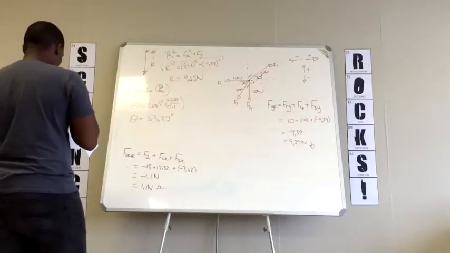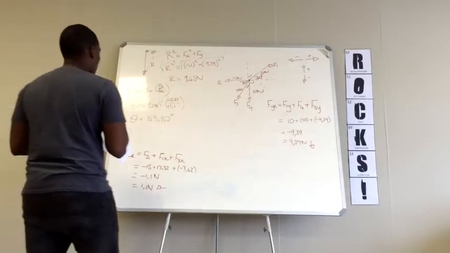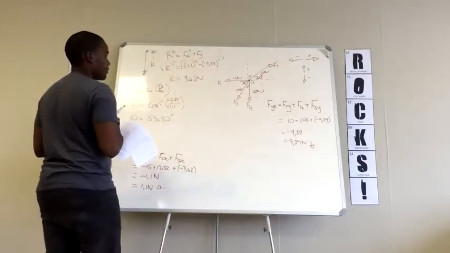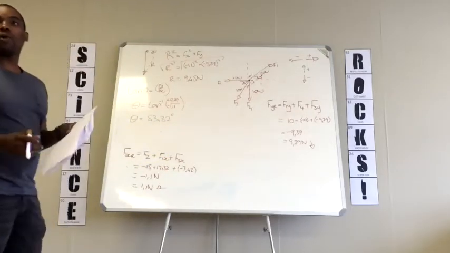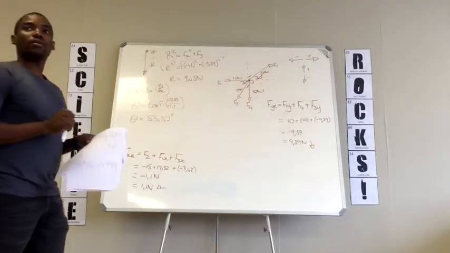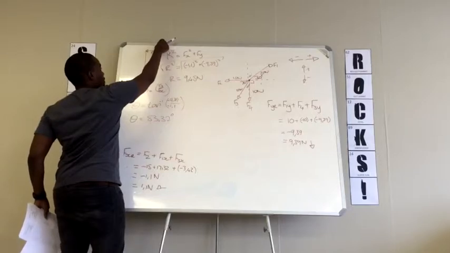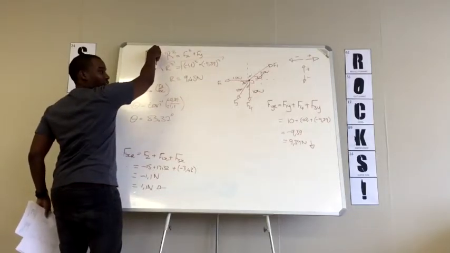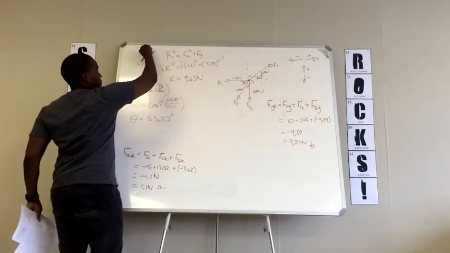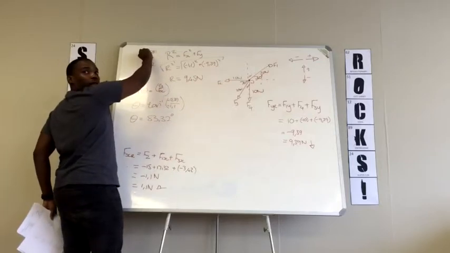No. How do I get my final answer? Let's use bearing. So what do I do to get the bearing? You count from north: 0, 90, 180, 270 minus that theta there. That makes sense to everyone?